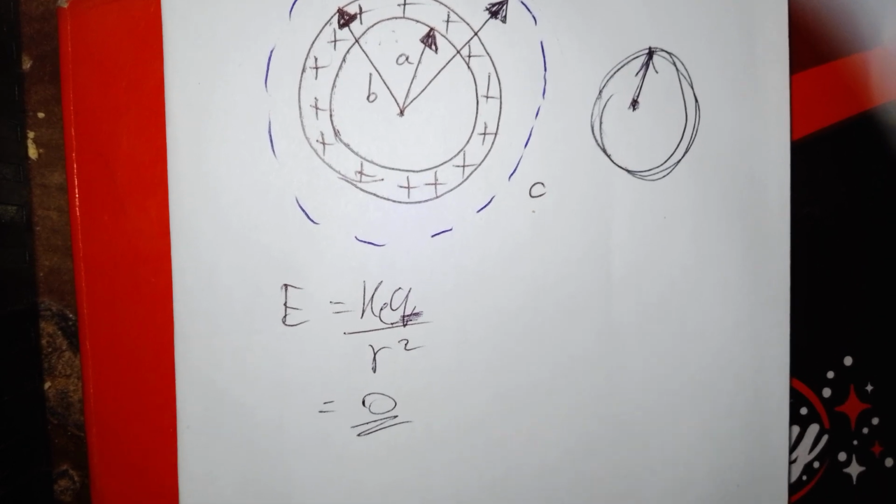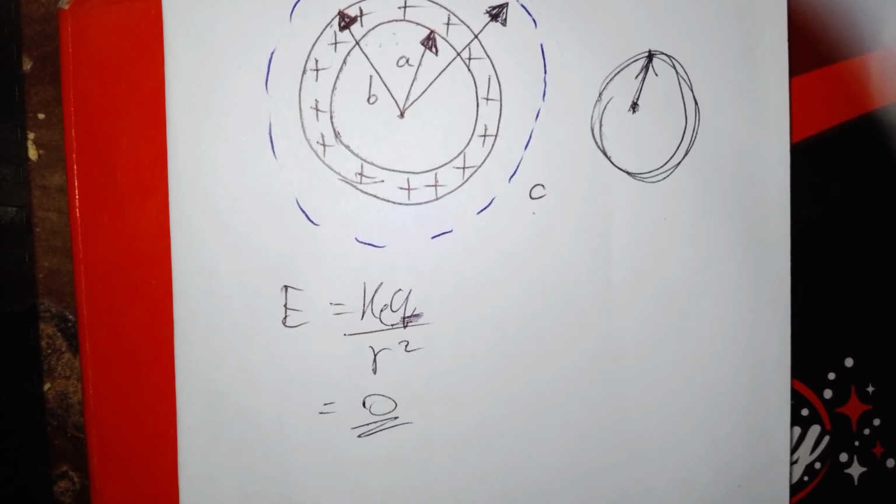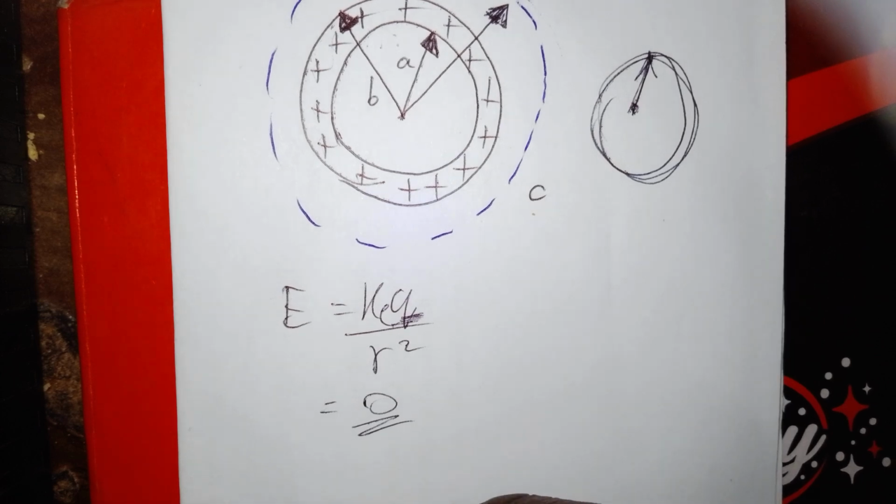Notice, they said for R greater than B, so where the radius is not B, but greater than B. So what we're going to have is the following.